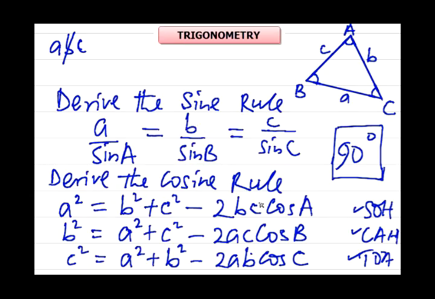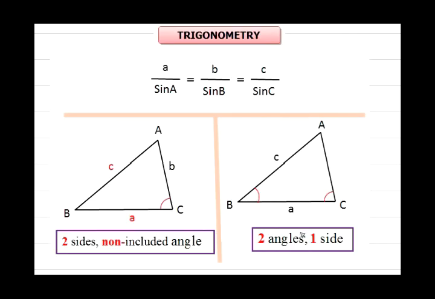So after knowing that there is no 90 degrees, how do you know which of them to use? That takes us to the next screen. Talking about the sine rule first, for you to use the sine rule, you must be given two sides and a non-included angle. That means anytime you are given one side like this, and the other side, the angle you are given should not be in between the two sides.